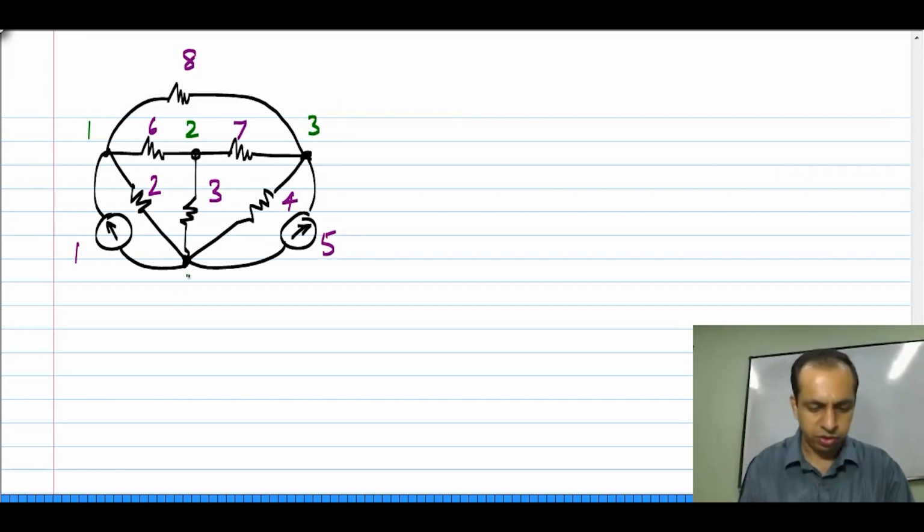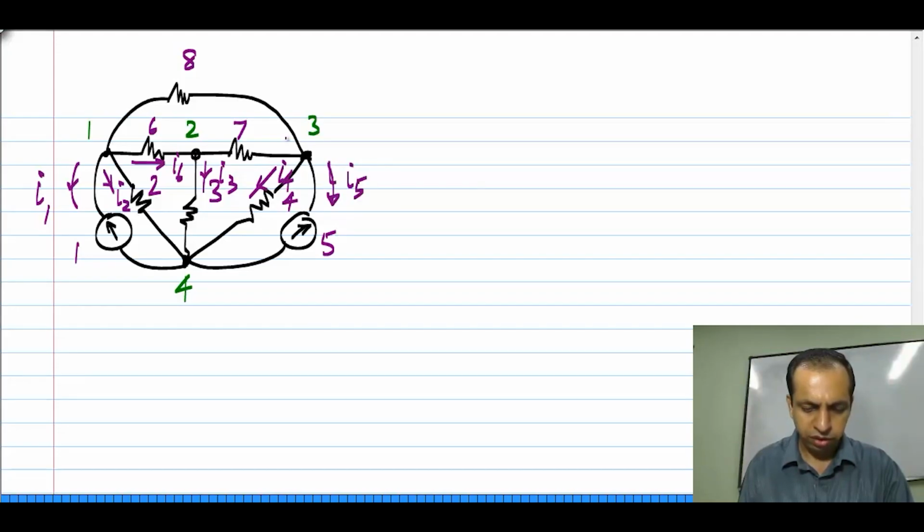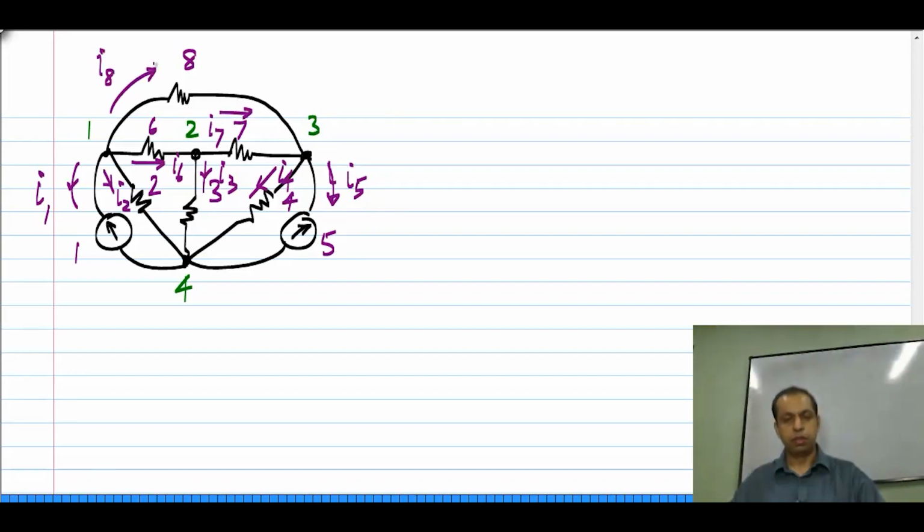We also have node 4 over here. Now, I will just label the currents in each branch in some arbitrary direction, it does not matter: I 1, I 2, I 6, I 3, I 4, I 5, I 7, I 8.